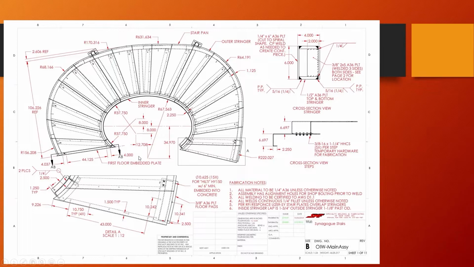For this next part of the talk, I want to go through a few different blueprints of different complexity. This one is rather complex, but what I really want to focus on here is the different weld callouts and what they mean. We have a few here that are down on this point right here, and we have this callout in two places.